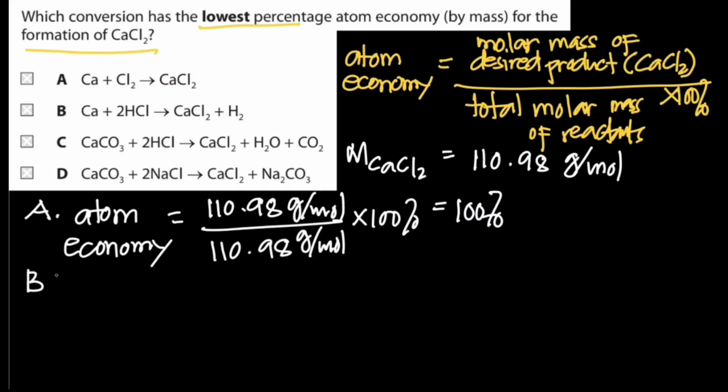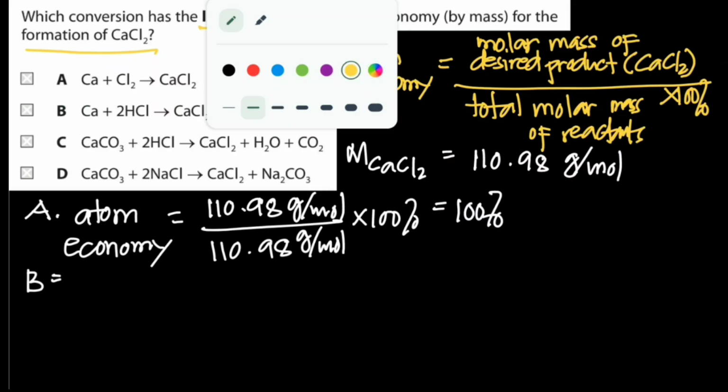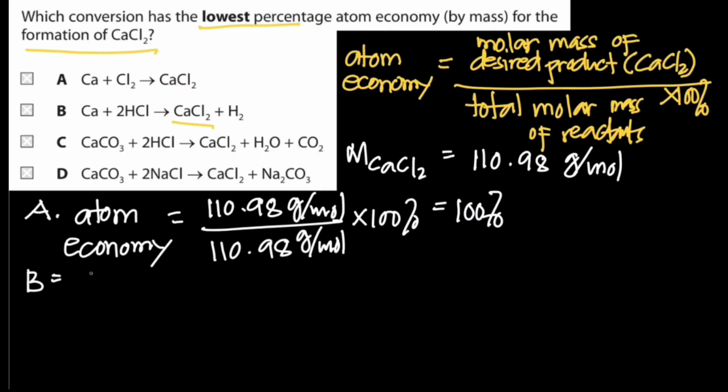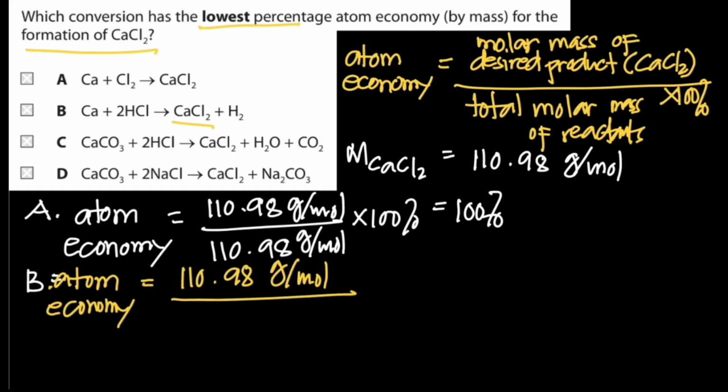And then for letter B, the desired product is CaCl2, right, this one. So for letter B, atom economy is equal to 110.98 grams per mole, divided by the molar mass of the reactants.